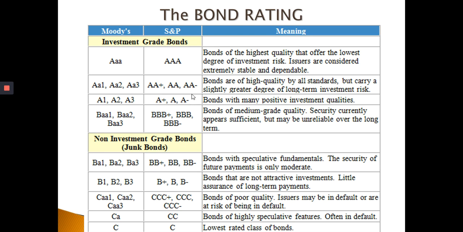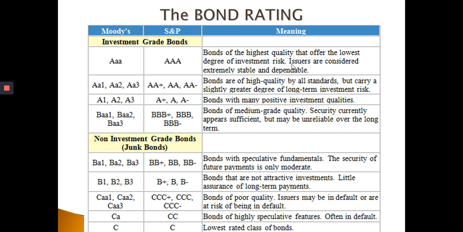Investment grade bonds, especially the top, triple A, have the highest quality. Highest quality means they're extremely stable and dependable. Usually government bonds get a triple A. The reason is government bonds have the least risk, because we assume if you buy a government bond, you will definitely get the interest paid and also get back the par value without any risk.